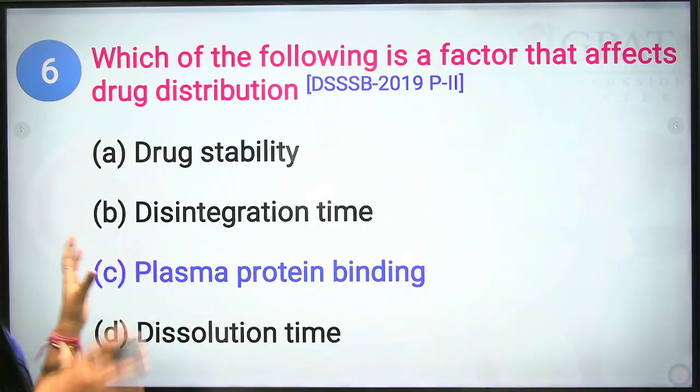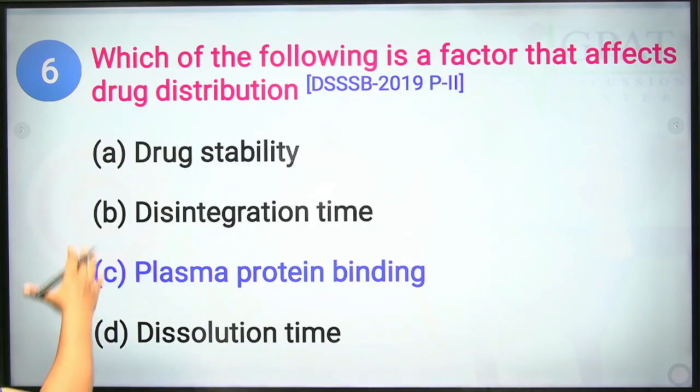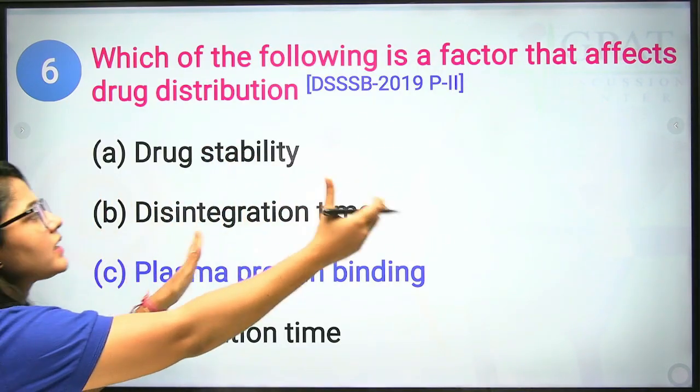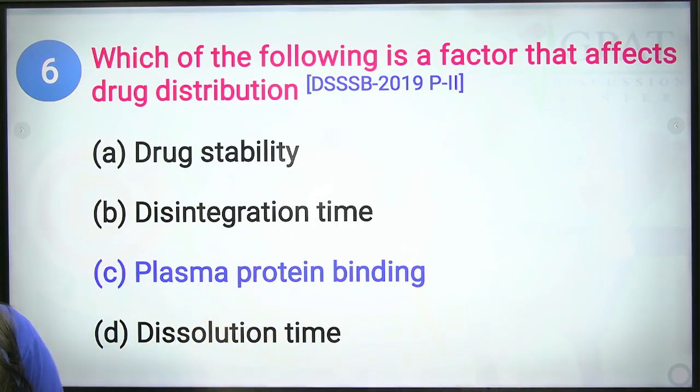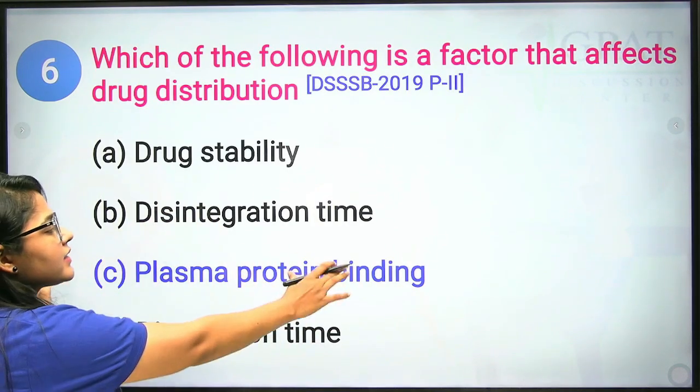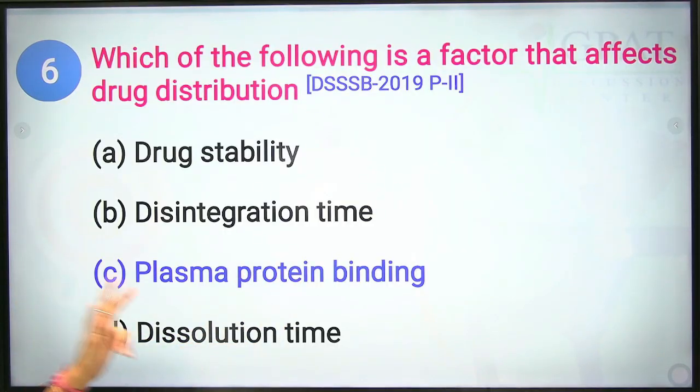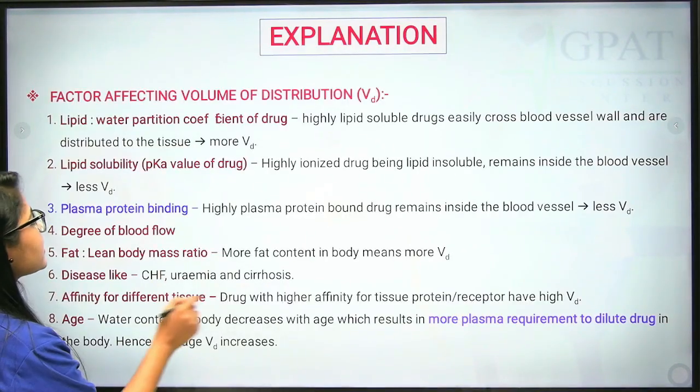So this is the distribution. Only the free unbound drug is distributed, else it is held back while making the complex. Clear? So the correct answer will be option C. Next we have dissolution time, also related to absorption, not distribution.